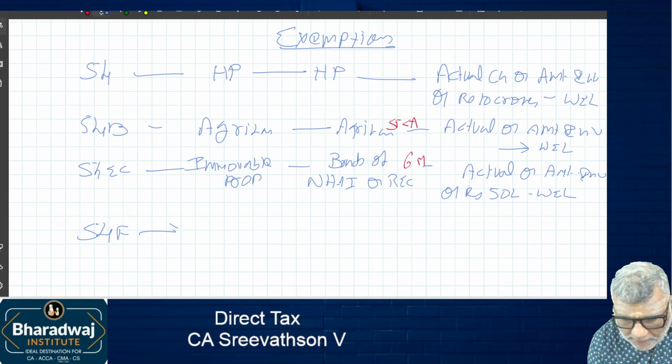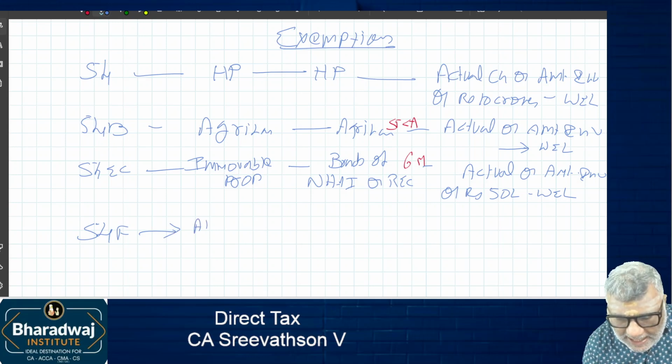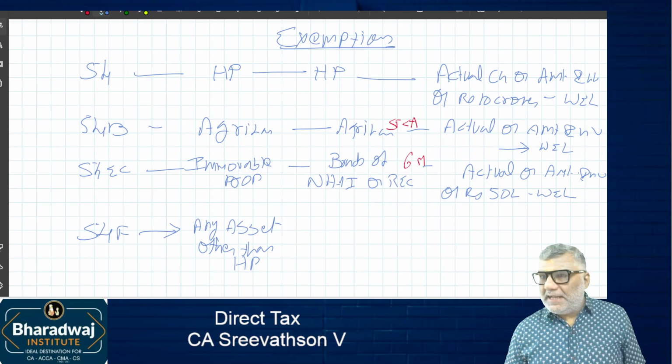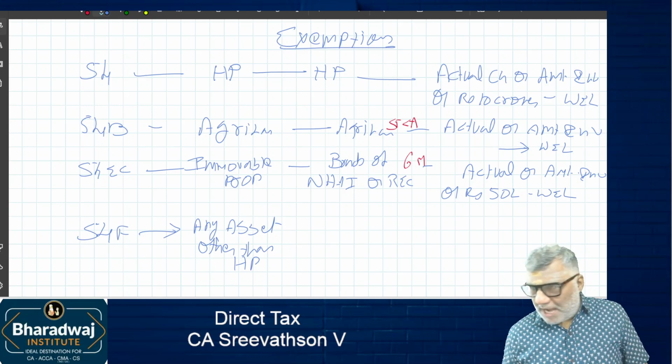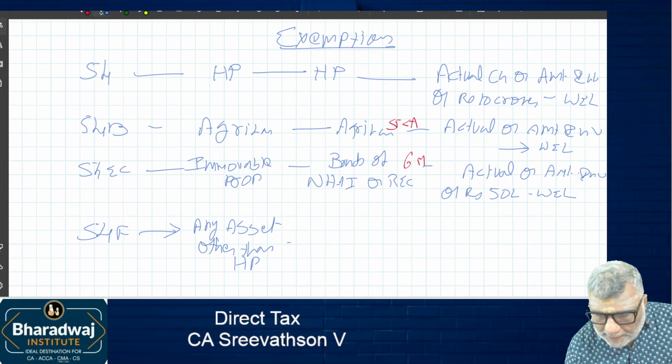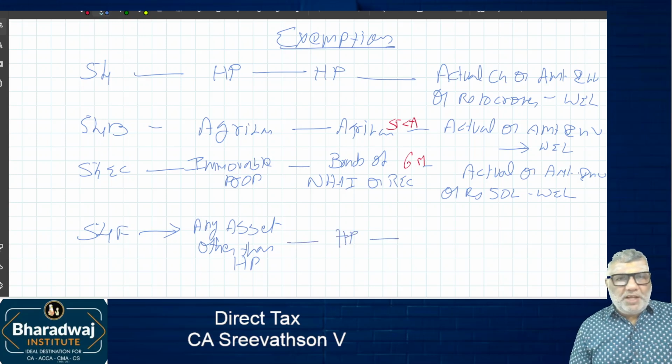54F. Any asset other than house property. It can even be land, agricultural land, jewelry, or shares. Anything other than house property. Invest in house property.